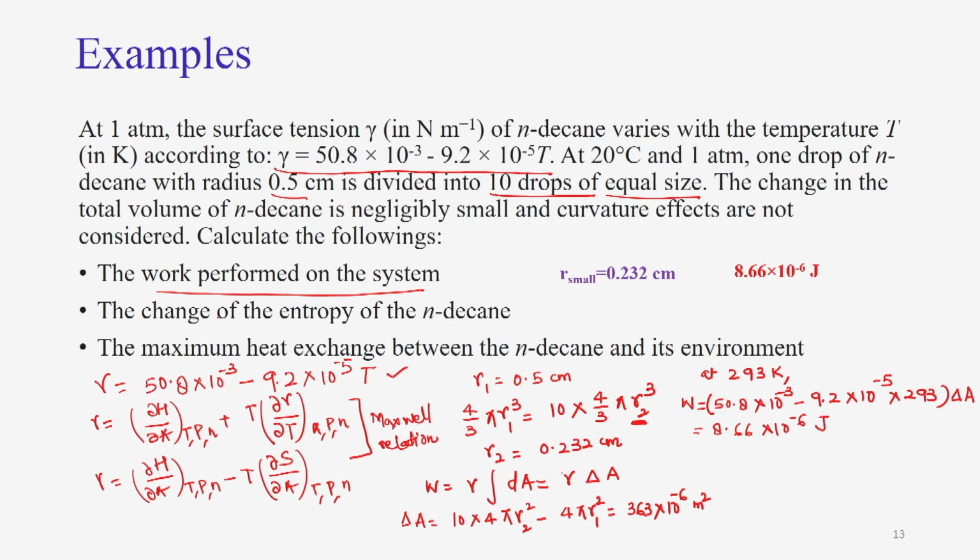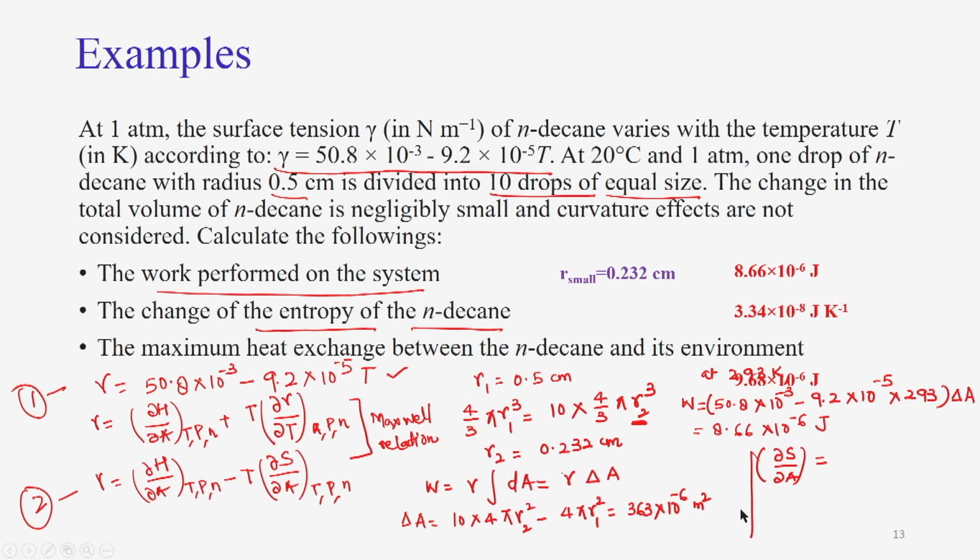Now, the next part says change in the entropy of n-decane. Here, if I compare expression 1 with expression 2, what we see is dou S upon dou A equals 9.2 into 10 to the power minus 5.